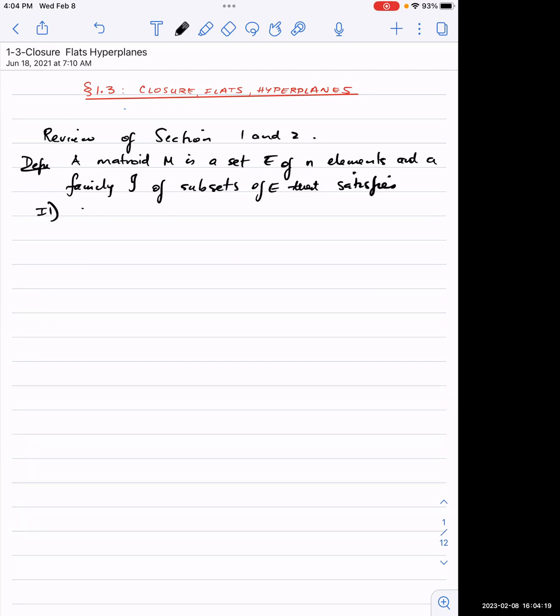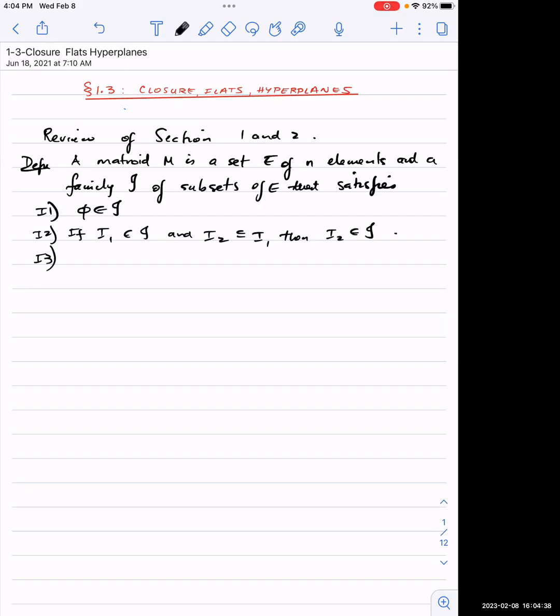We'll call it I1 now. It's just the trivial condition that the empty set is independent. I2: if I1 is independent, and I2 is contained in I1, then I2 is also independent.